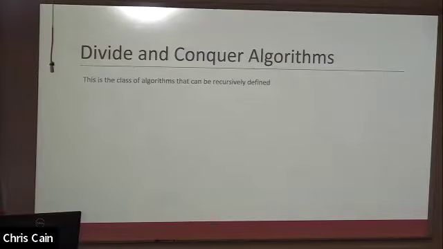Does anyone have a sense of why that might be? Why is the recursive version so much shorter and simpler than the iterative version? Because you're reusing the same code. Yeah, you're reusing it, but if you're doing this iteratively, you have to define your own stack.